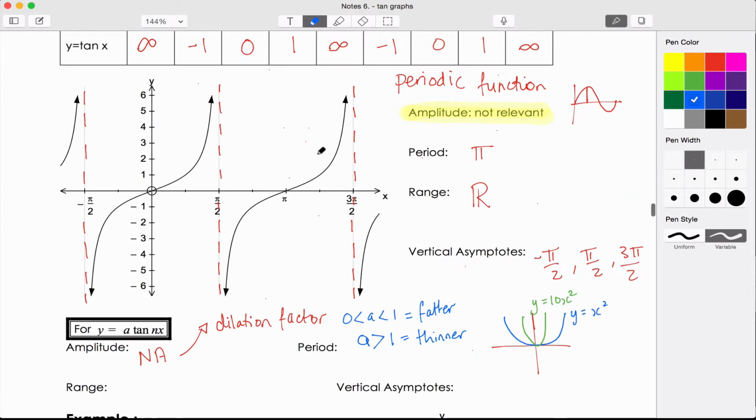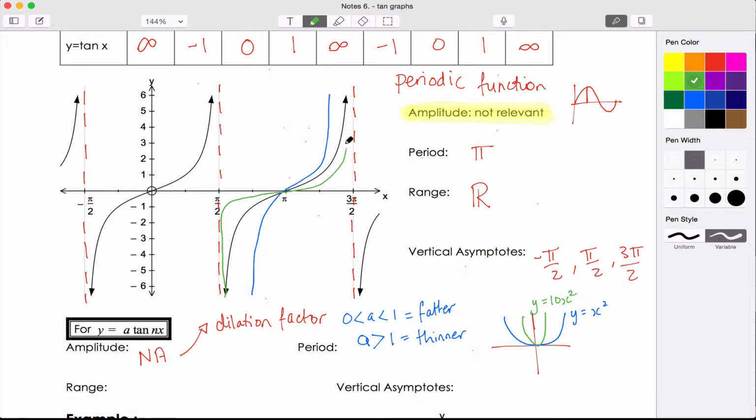I'm just going to have a quick sketch. An example of a thinner graph would look something like this, moving closer to the center, closer to a straight line up and down. And an example of a fatter graph would look something like this.